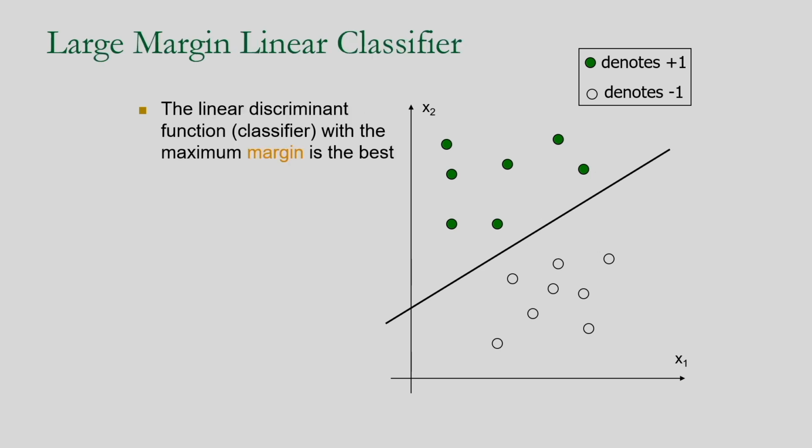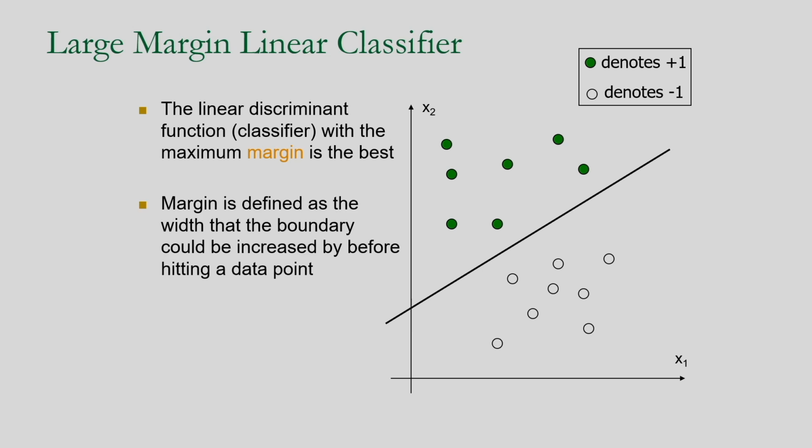So the linear discriminant function or the classifier with the maximum margin is the best. This is the definition of the best decision boundary. So what is the definition of the margin? Margin is defined as the width that the boundary could be increased by before hitting a data point.